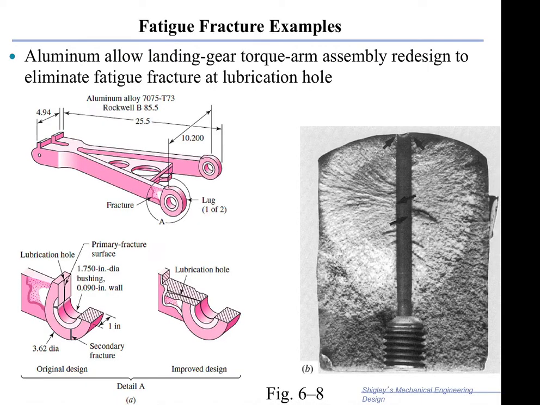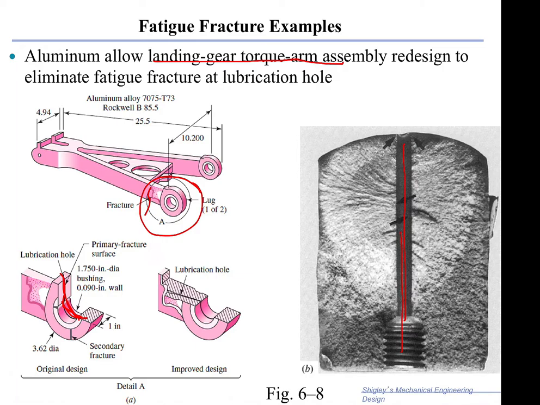Another fatigue failure example is a landing gear torque arm assembly, and in this torque arm assembly you have a lug, and the lug had a fracture at the connection with the torque arm. In this case the design is such that if you inspect it closely, you get a lubrication hole going through the structure, and this is a lubrication hole because you have to get oil to lubricate the connection with the landing gear.